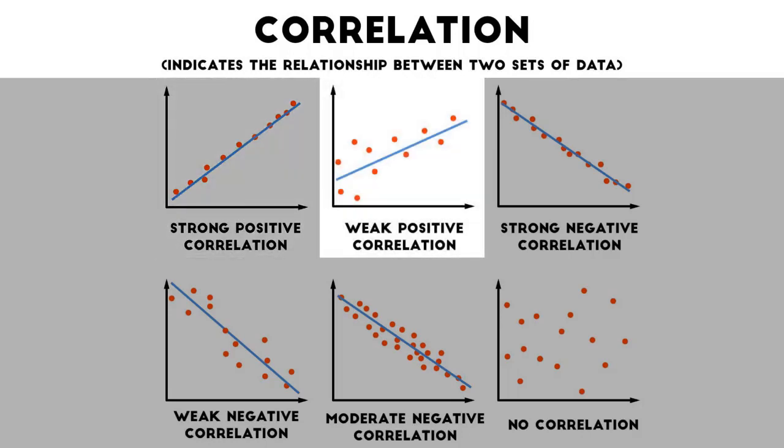So for a weak positive correlation, the graph would look something like this. That might be where there is a relationship, but it's not a very strong relationship between two variables. For example, going back to shoe size, what other value might have a weak correlation, but not a direct one?